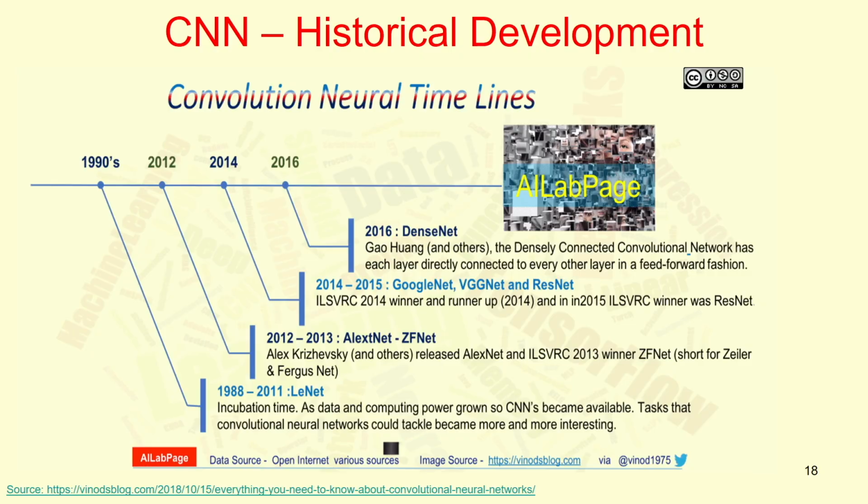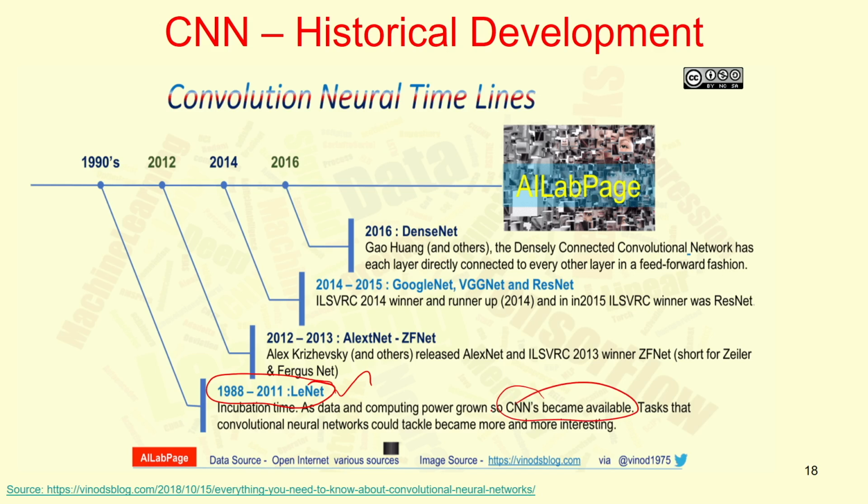There have been various developments in the CNN, even till today. This picture will give you the major breakthroughs in the model. In the years 1988 to 2011, a model called LeNet was found and popularly used. This is where the CNN becomes available.